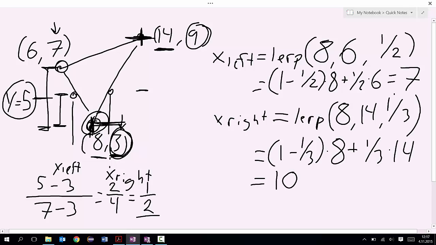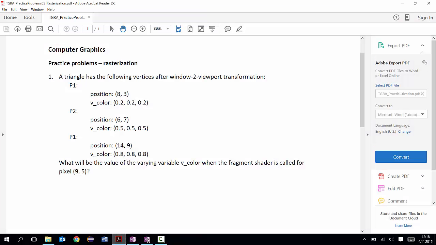Okay, so we have an x left of 7, we have an x right of 10. So here we have 7, here we have 10, and then we can continue with this. So now we know what the edges are on the right side, except we need one more thing now. We need to use these same parameters to interpolate the colors as well. So let's look at the colors here.